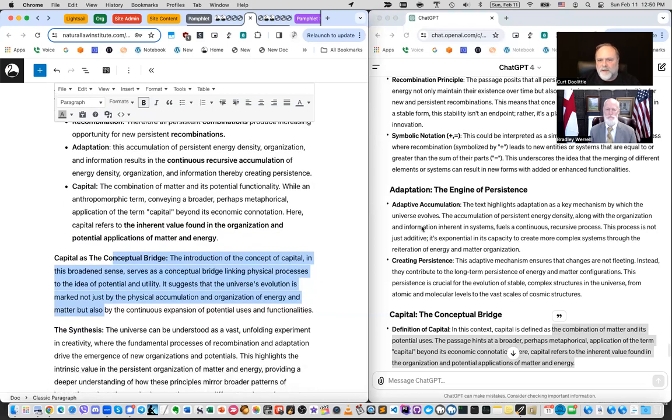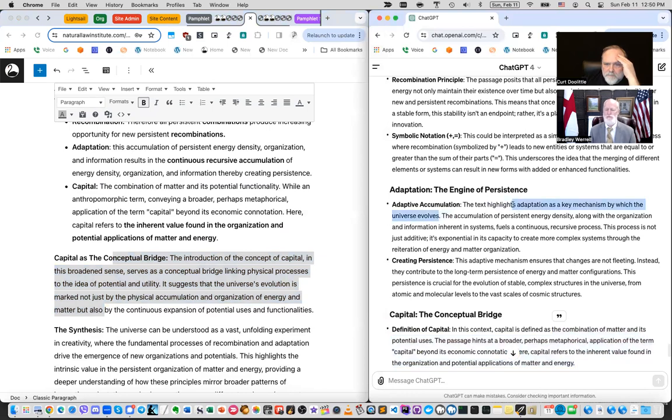I'll figure out how to format it in a second. Let's just see what we've got here. The mechanism.